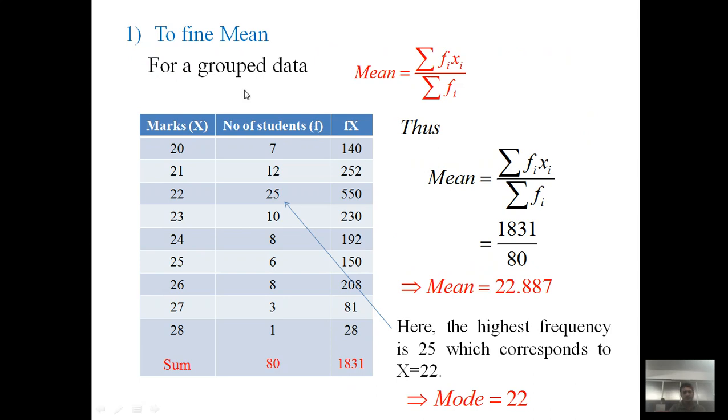So let's first find the mean, and as we know the data here is grouped data, so again we use a little bit of our knowledge of statistics from school level. The mean is defined as the sum of fixi upon the sum of fi. So we are interested in obtaining the sum of fixi and the sum of fi.